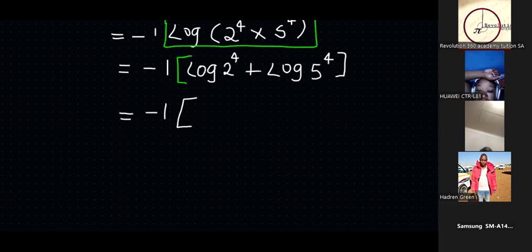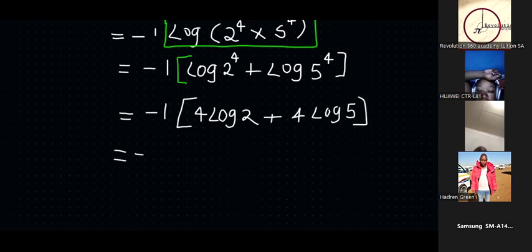So you'll drop that 4. It means you'll have 4 times the log of 2, plus you'll also drop that 4, so 4 times the log of 5. Then this one -1, bracket. Take out the common factor there.